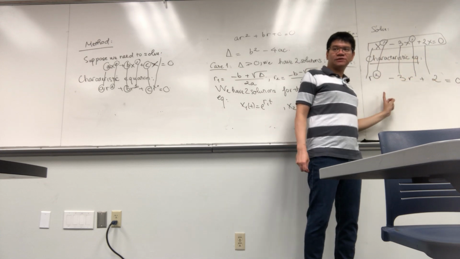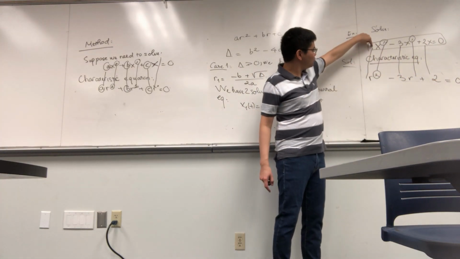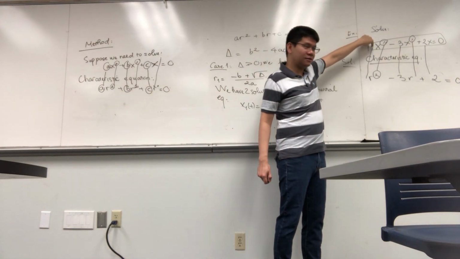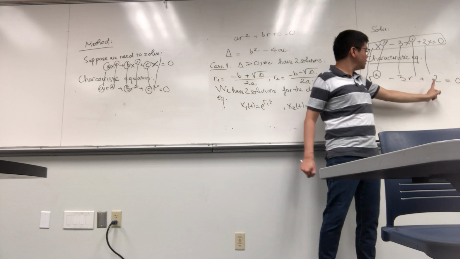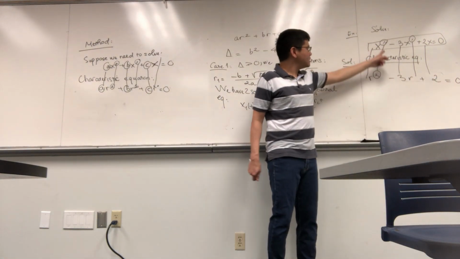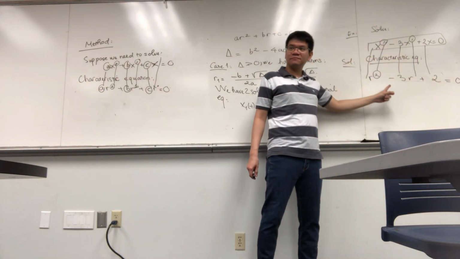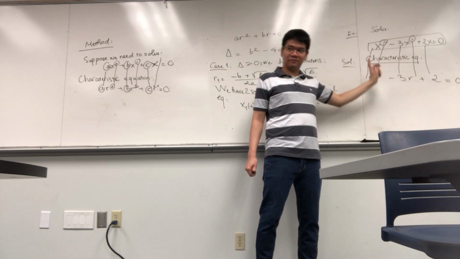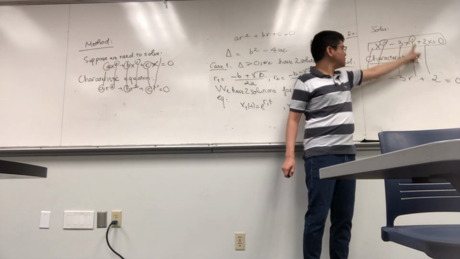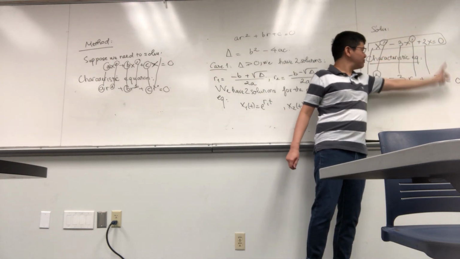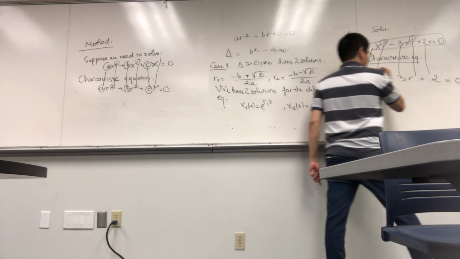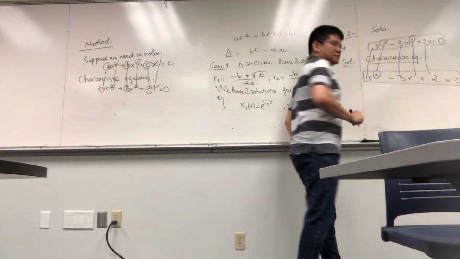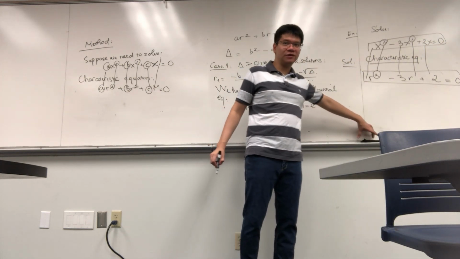For the characteristic equation, you take the constants: 1 here, minus 3 here, 2 here. The second derivative becomes the square of r, the first derivative becomes r, and the zero-th derivative becomes a constant. This is a quadratic equation, right?